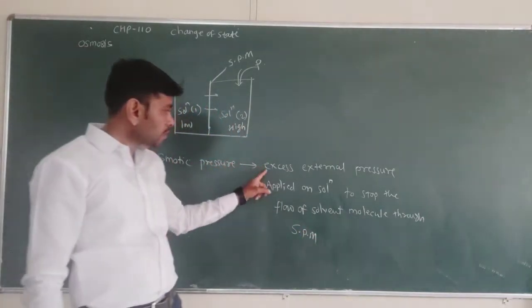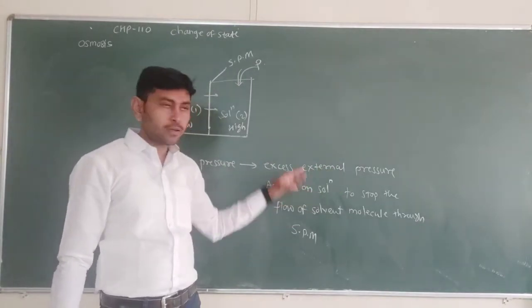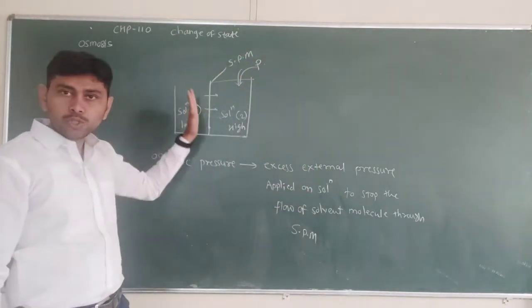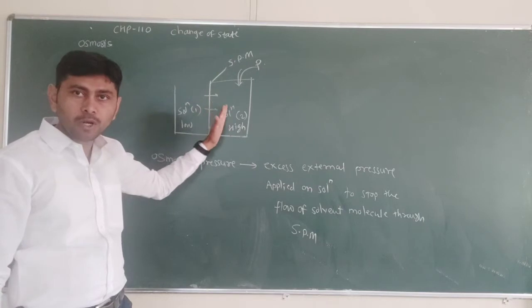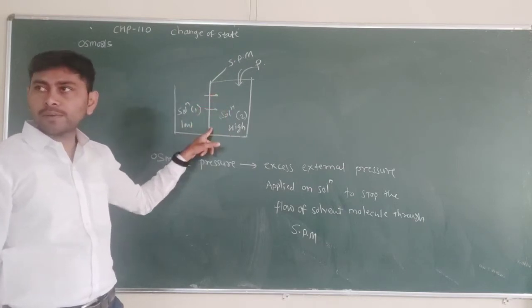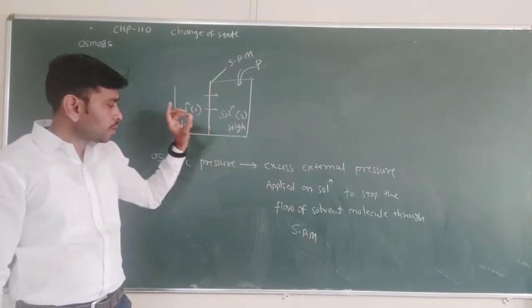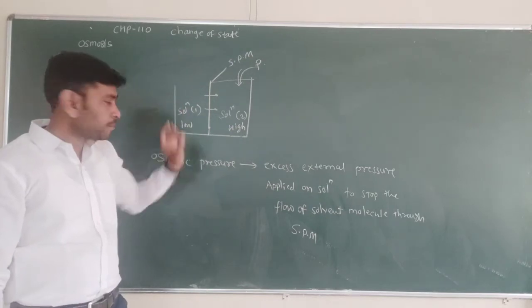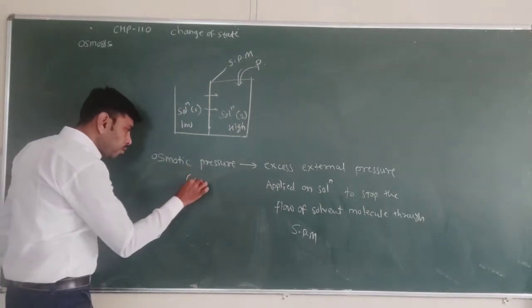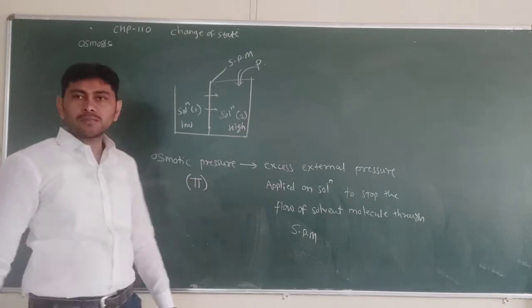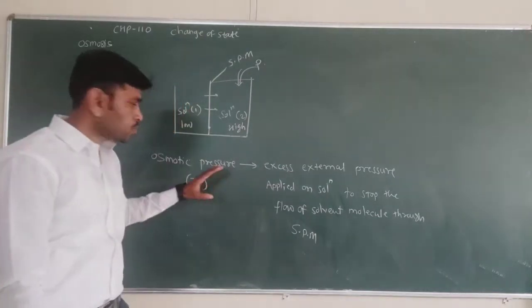The excess external pressure applied to the solution to stop the flow of solvent molecule through semi-permeable membrane is called osmotic pressure, and it is indicated by symbol pi. Pi is the symbol which shows osmotic pressure.